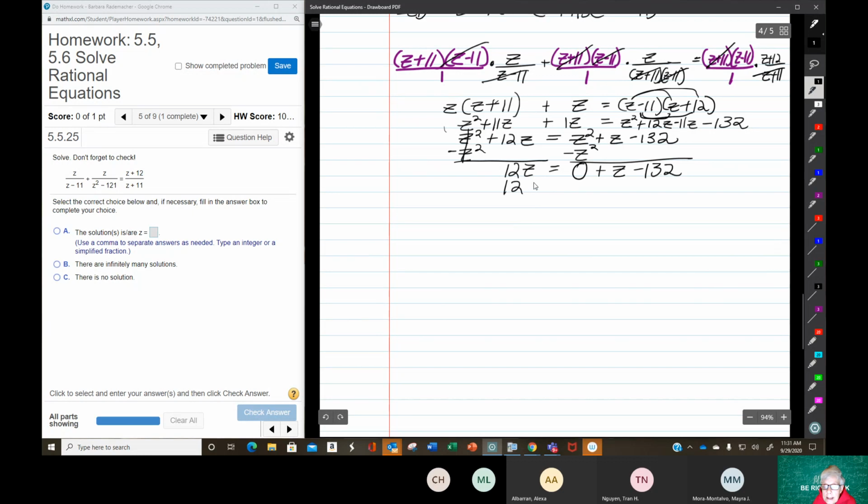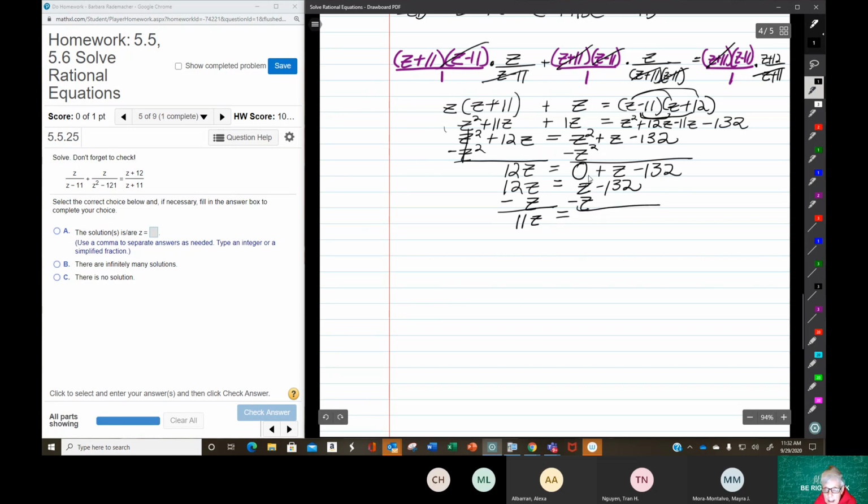So let's clean this up before I go on. Okay, I'm going to subtract Z from both sides because I need to get my Z terms together. That'll be 11Z on the left.